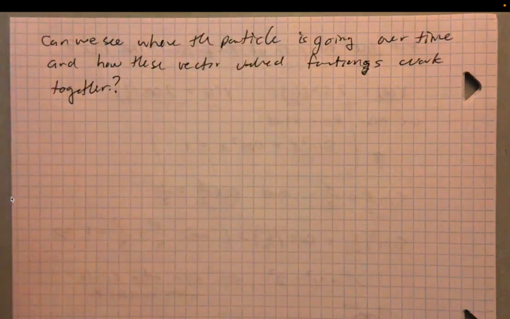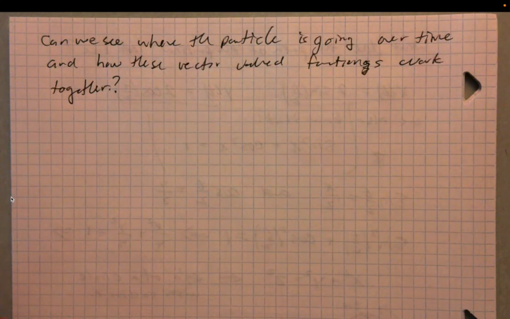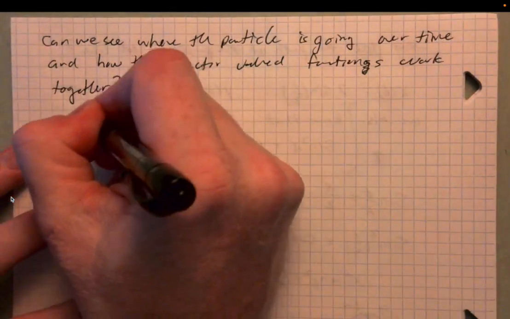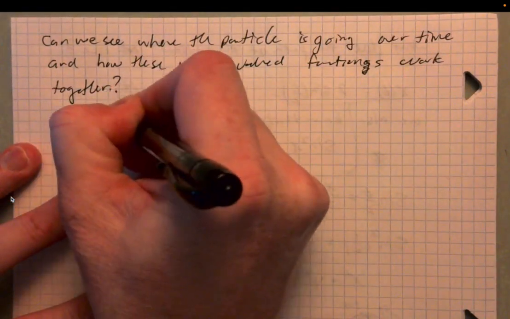Okay, so we know what the path looks like, but let's see what happens with velocity as time changes, and also with acceleration. So we're going to start just level setting here.